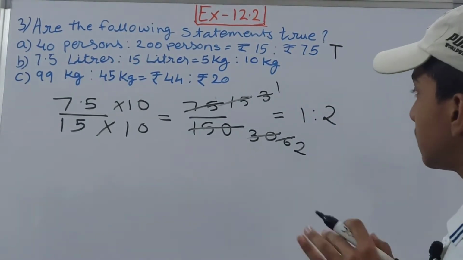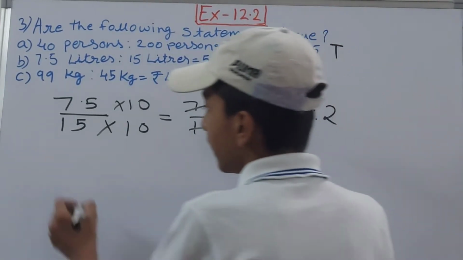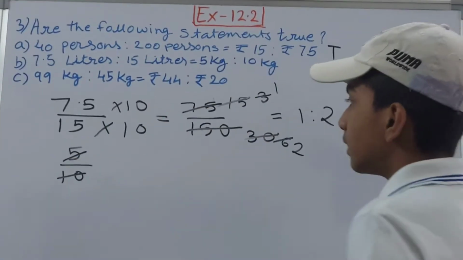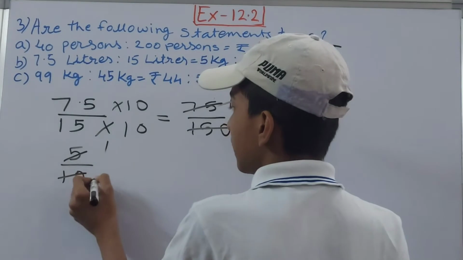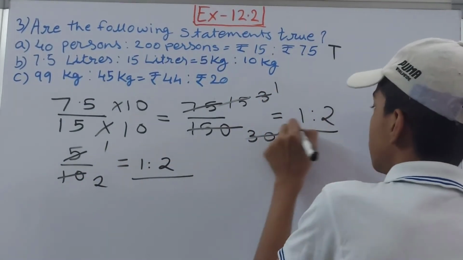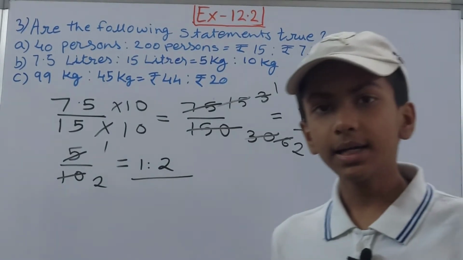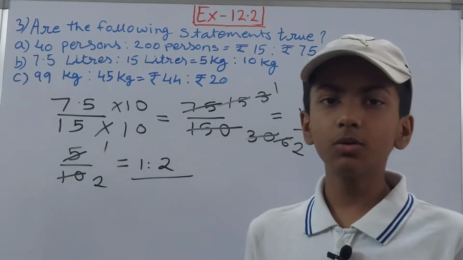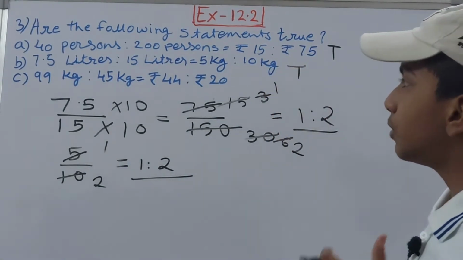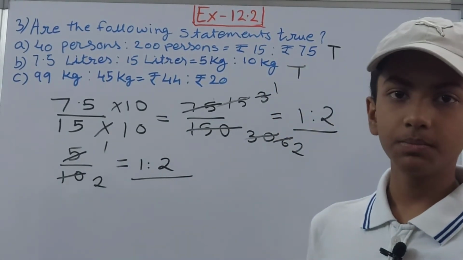Okay, so first ratio is 1:2. Next we have 5 upon 10. So divide both by 5, 1 and 2. This is 1:2. So you see, here we get 1:2, here we get 1:2. Again the same ratios. This means what? That this statement is true as well. These two ratios are in proportion.